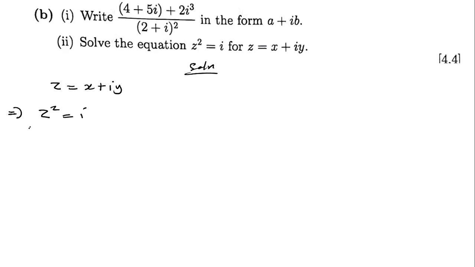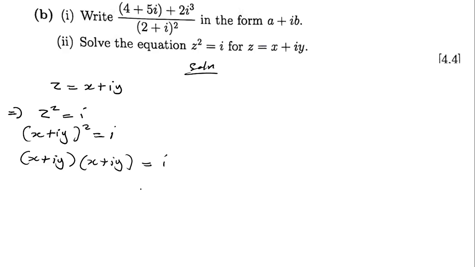So you're going to have x plus iy, then squared is equal to i. Then this is the same as x plus iy, and then that one x plus iy is equal to i.